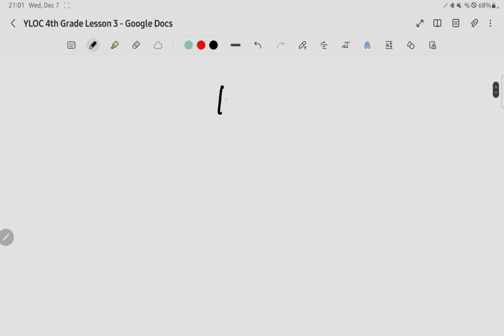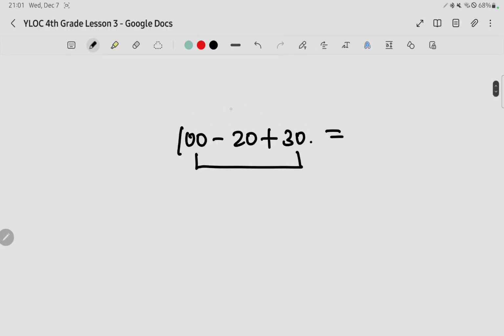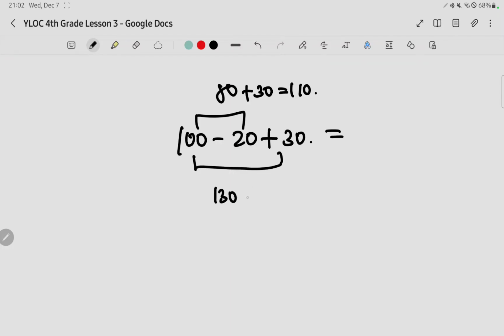This is what I meant. If you have 100 subtracted by 20 and plus 30, it doesn't matter whether you add first or subtract first. If you do it, 100 minus 20 is 80, and plus 30 is 110. But if you add these two, which is 130, and subtract 20, it's 110. You get the same answer.